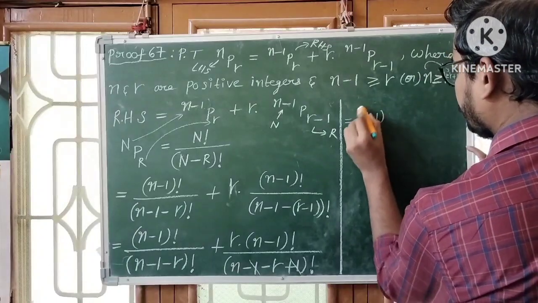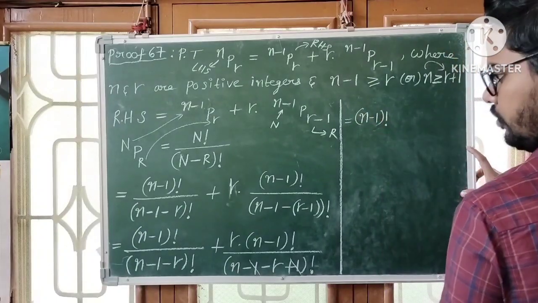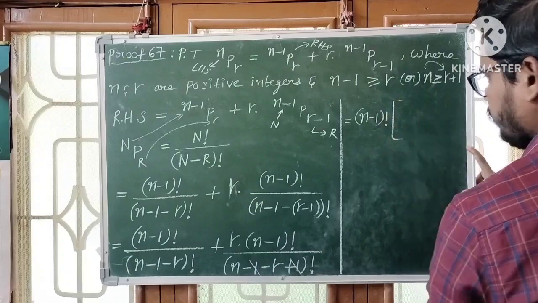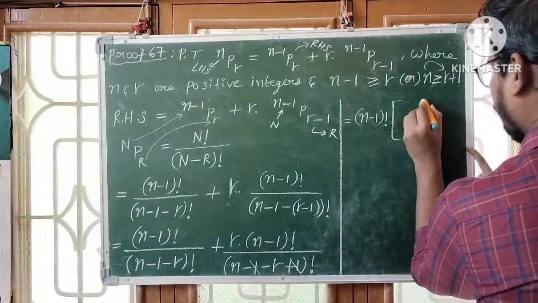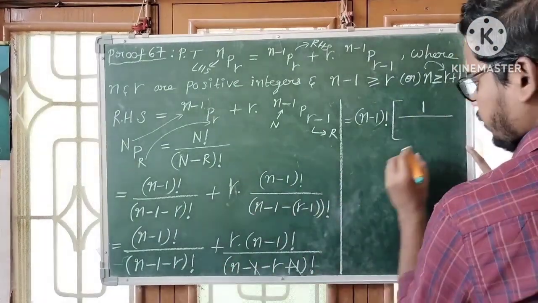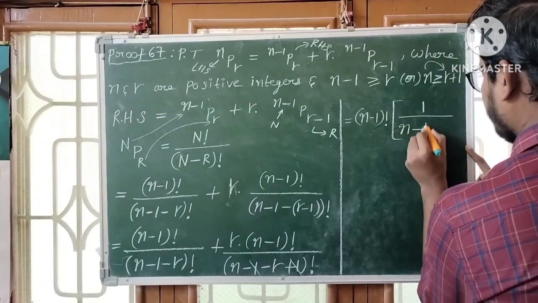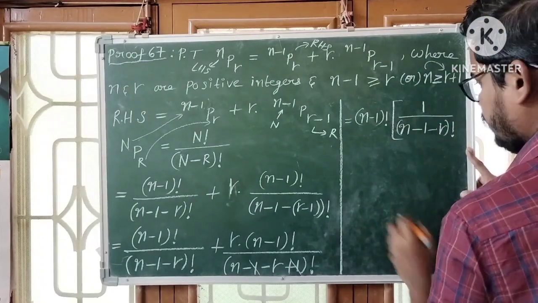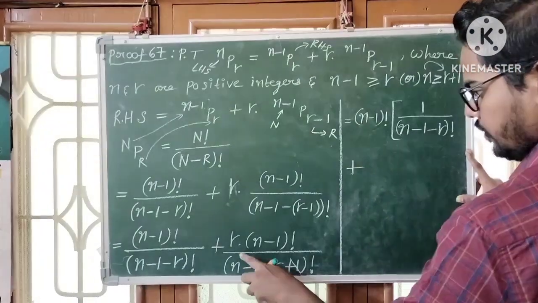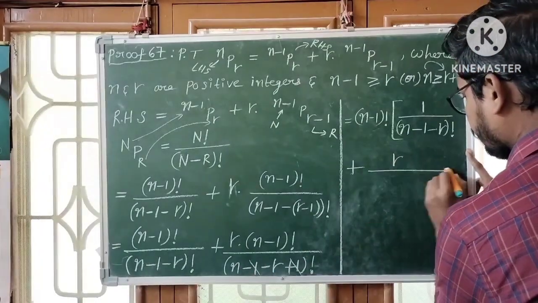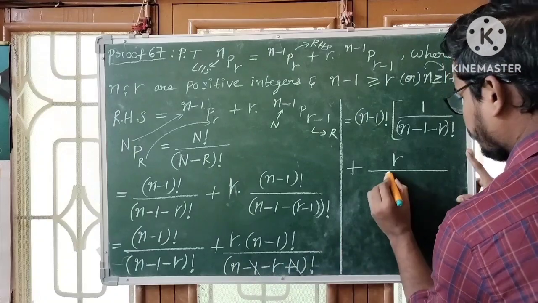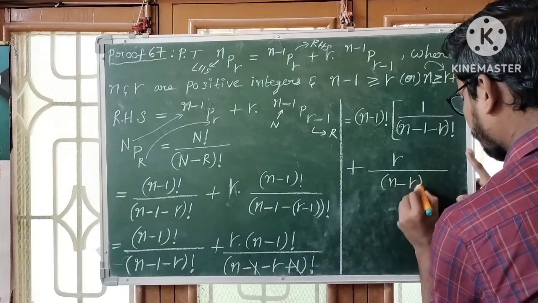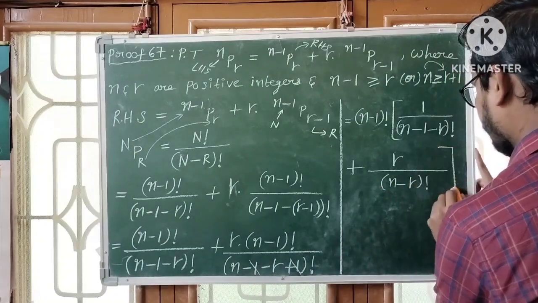So n minus 1 factorial into 1 by n minus 1 minus r factorial plus r by n minus r factorial.